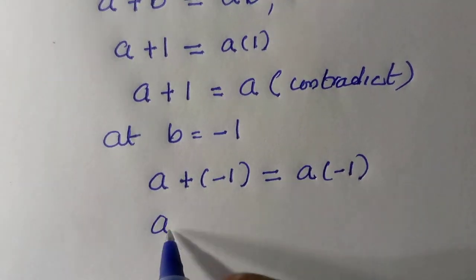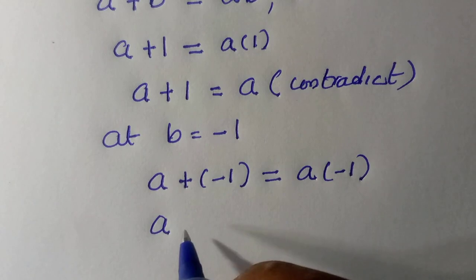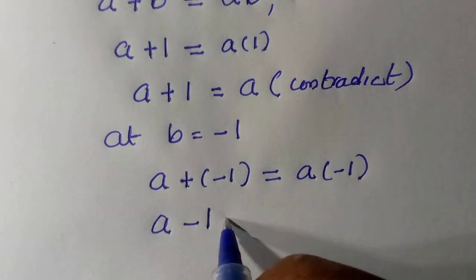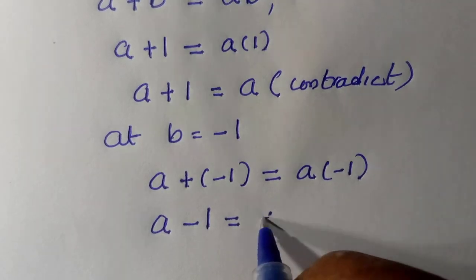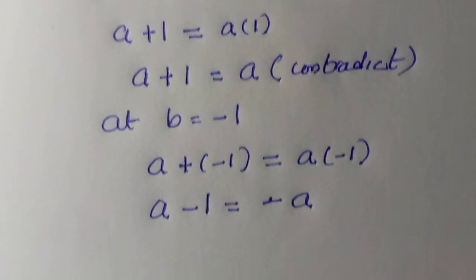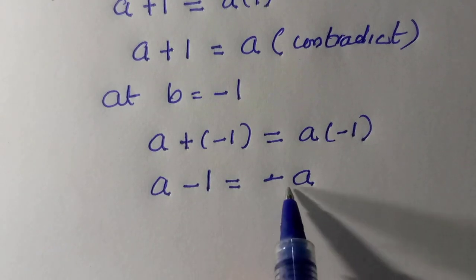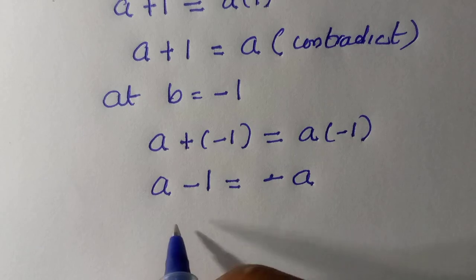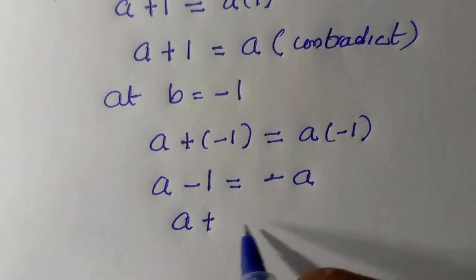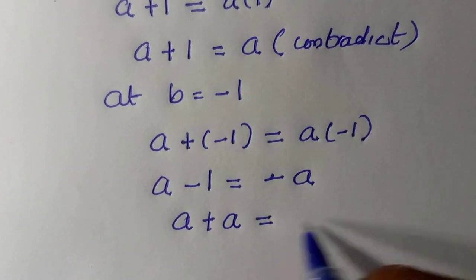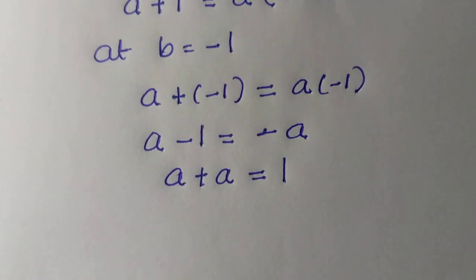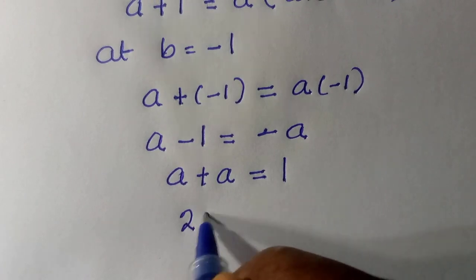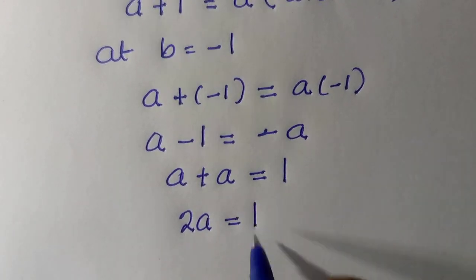Then we have a plus times minus, that is minus 1, equals a times minus 1, that is minus a. Then we collect the like terms by taking a here, taking 1 to the other side. So we have a plus a equals 1. Then a plus a gives us 2a equals 1.